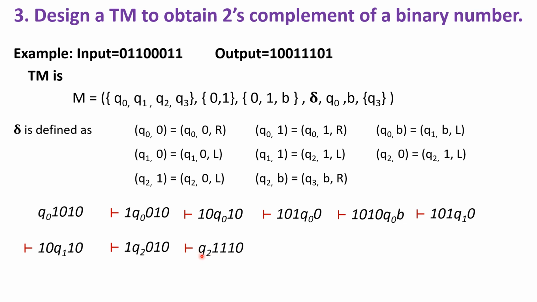Move towards the left. Q2 1, again Q2 1, 1 is replaced as 0, move towards the left until you come across a blank. So once you come across a blank in Q2 state, change the state to Q3, move towards the right. Since Q3 is a final state, string 1010, its 2's complement is 0, 1, 1, 0.